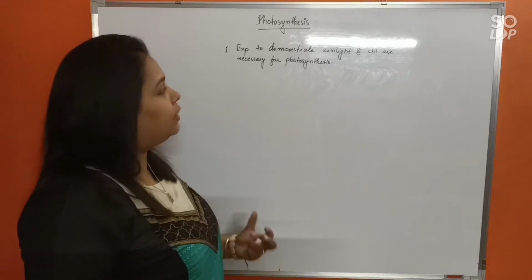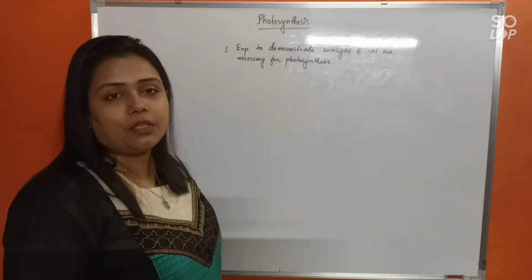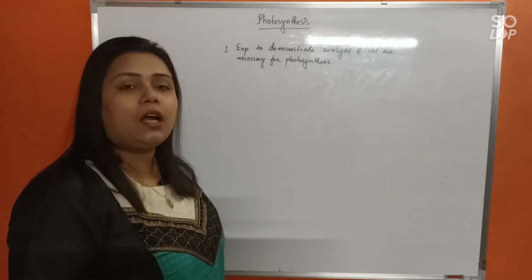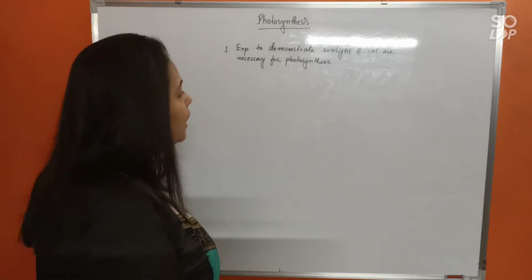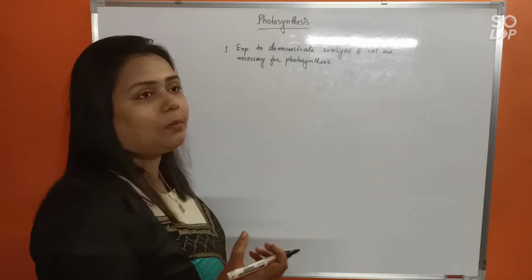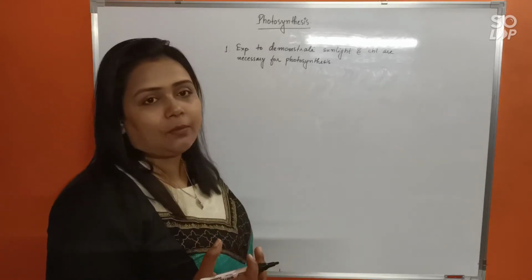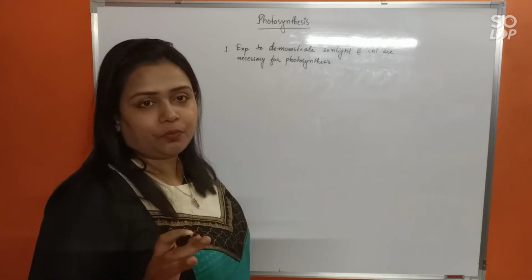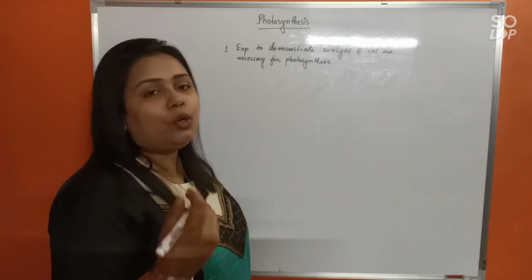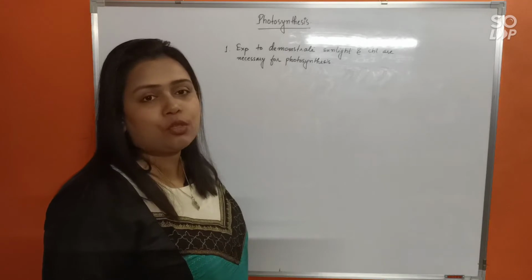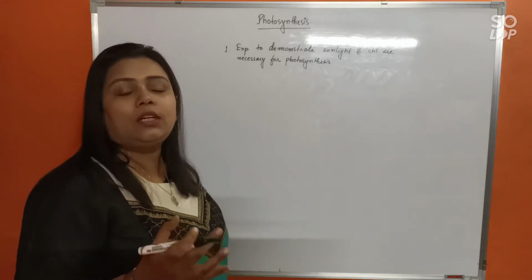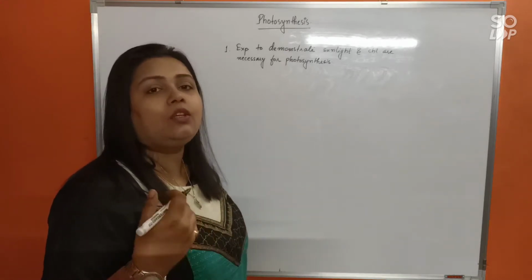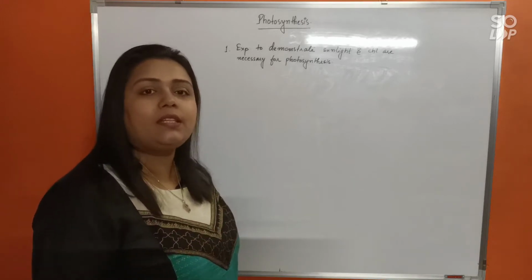Simply for this experiment, you need to take a de-starched potted plant. A de-starched potted plant means a plant which has been kept for a considerable period in a dark room where there was no light available. Hence, no photosynthesis would occur and all the stored starch will be used up. Hence, the plant will get de-starched.